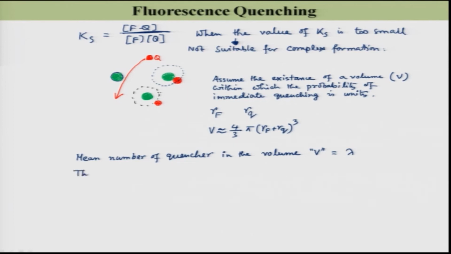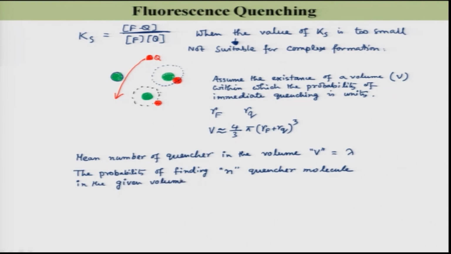Now, I can write the probability of finding just a number n of quencher molecules in the given volume V in terms of Poisson distribution.